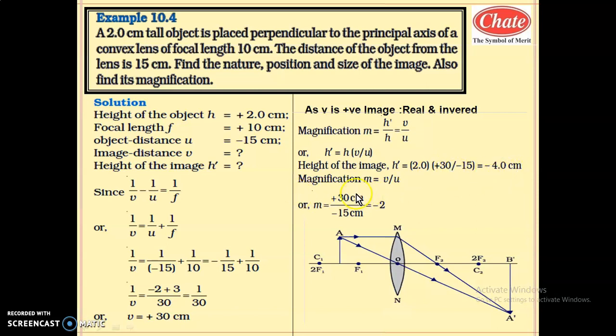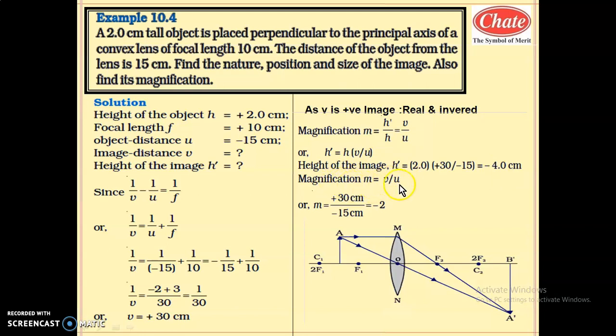Here the height of the image is minus 4 centimeter. Height of object was 2 centimeter, which means the image is double in size and it is inverted. Now calculate the magnification.